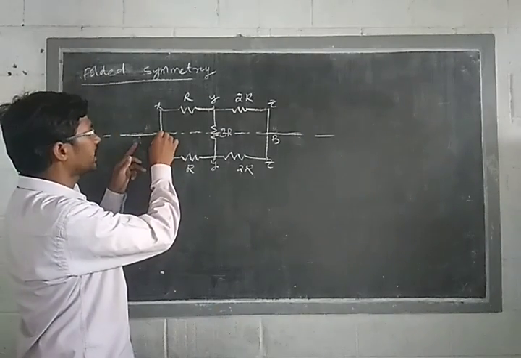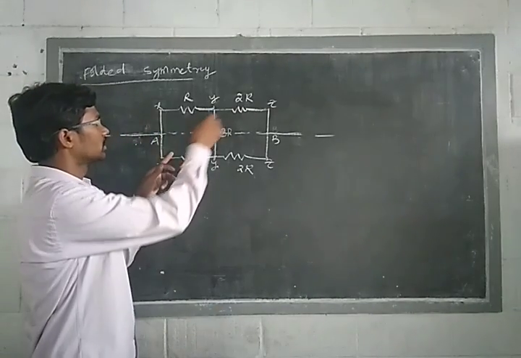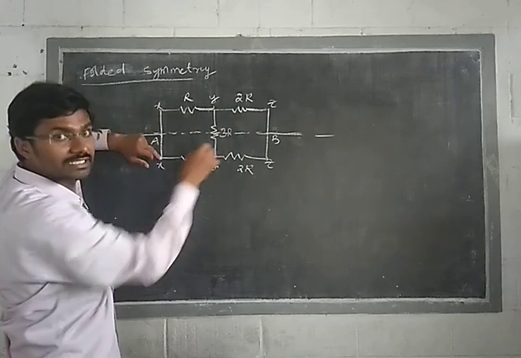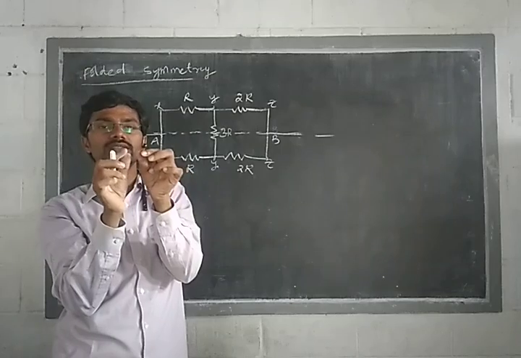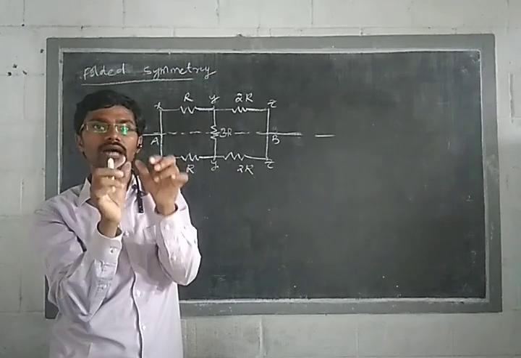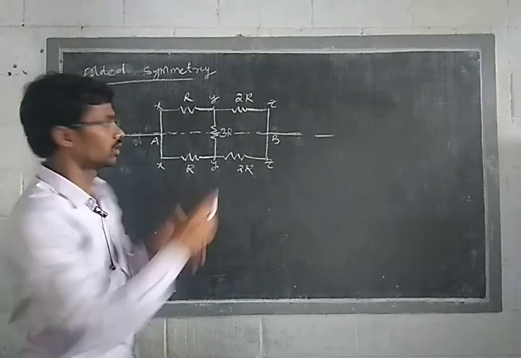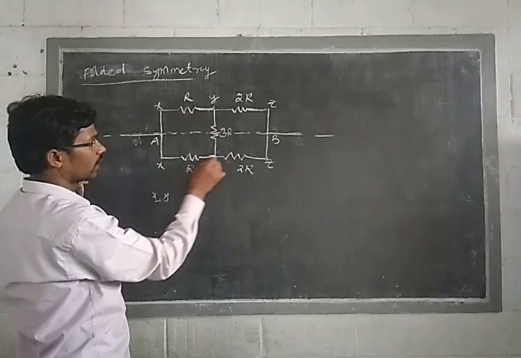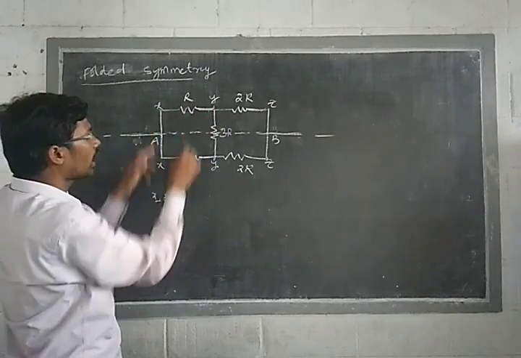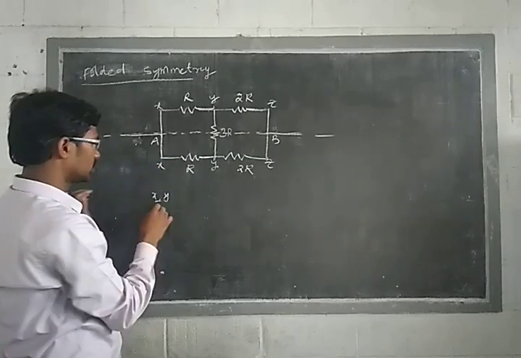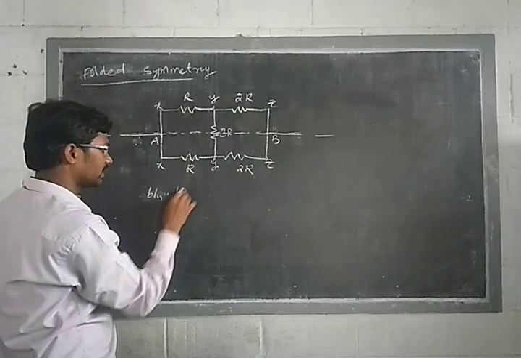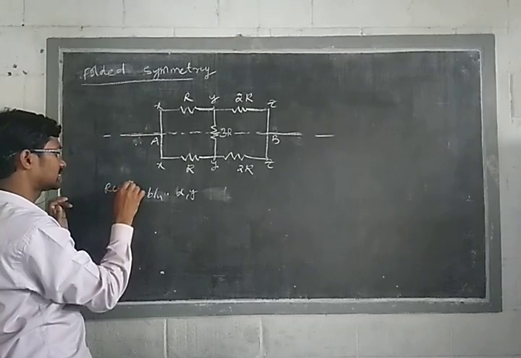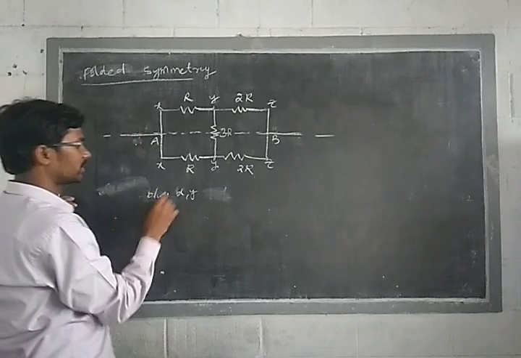Now, you can observe that in between X and Y, the two resistances between the same two points have the same potential difference. In between XY, here we have R, here we have R. These two have the same potential difference.